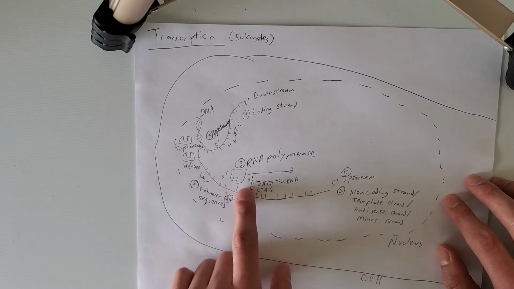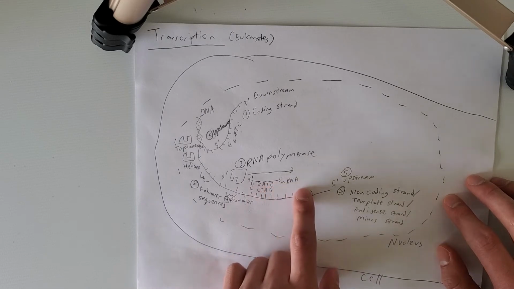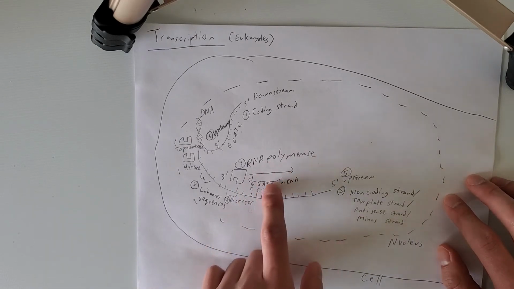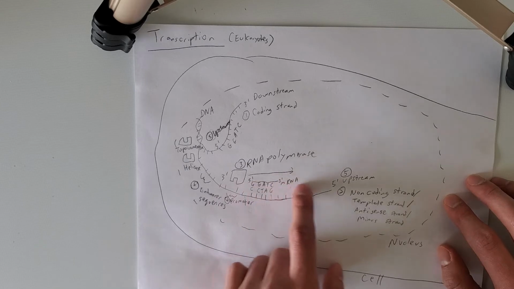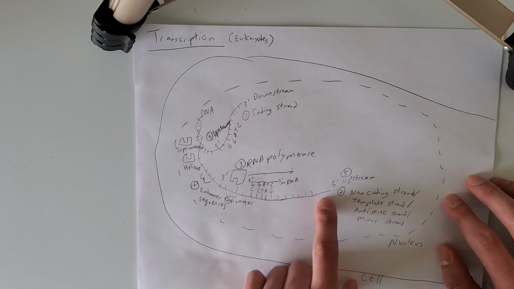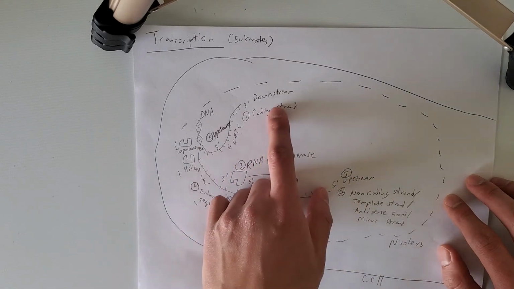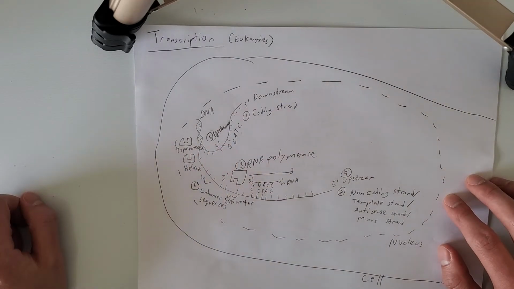When it follows from 3' to 5', it can build the mRNA from 5' to 3'. The RNA polymerase can only add new bases over at the 3' side. So it makes sense that it builds 5' to 3', but it's going to read these instructions from 3' to 5'. And even though it's reading it backwards here, it'll actually be in the correct direction because you want the mRNA to look the same as the coding strand.